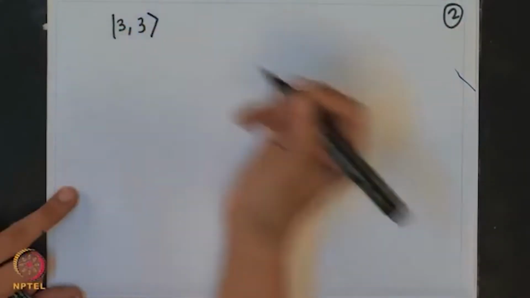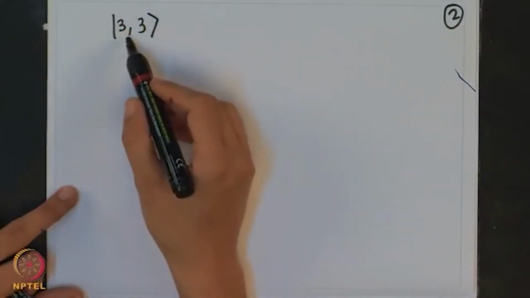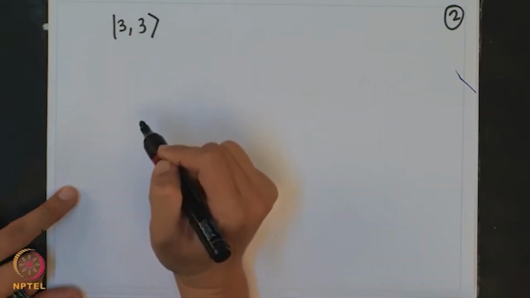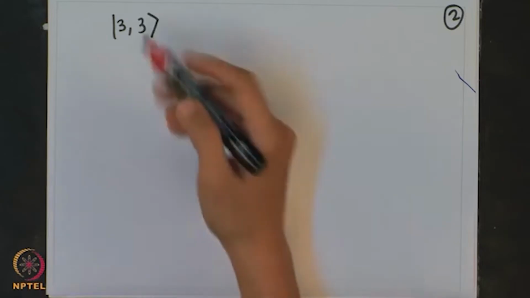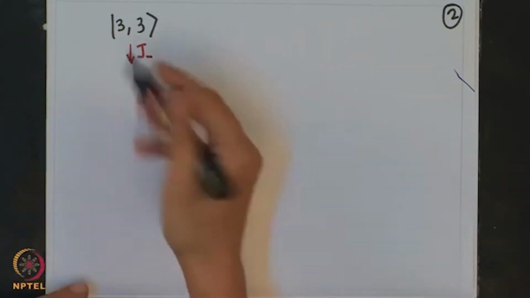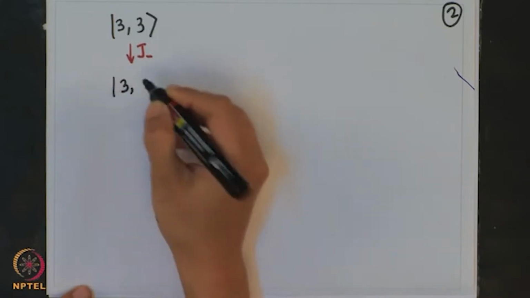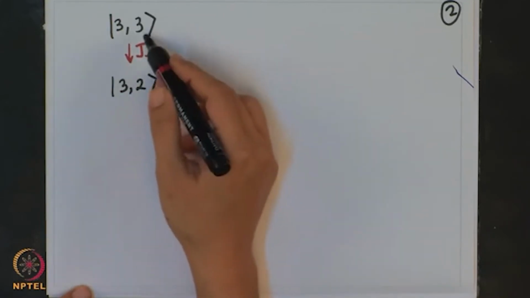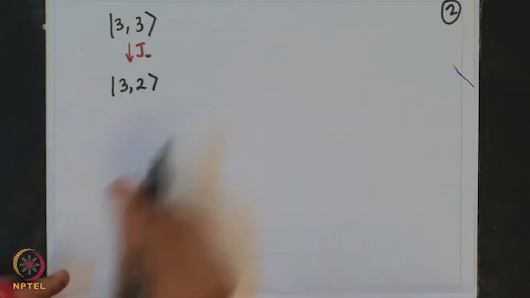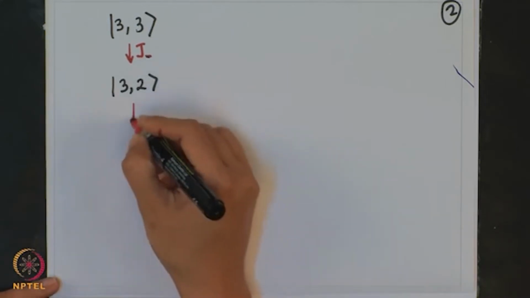okay. So, 3, this is the highest state which will correspond to 2 comma 1, this we have just now seen. Now, if I operate a ladder operator J minus, what I obtain here is 3 comma 2. So, when you apply the ladder operator J minus, you obtain the next lower state.